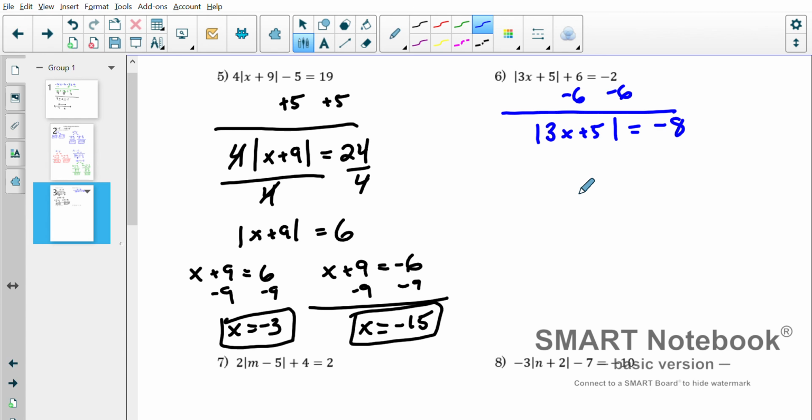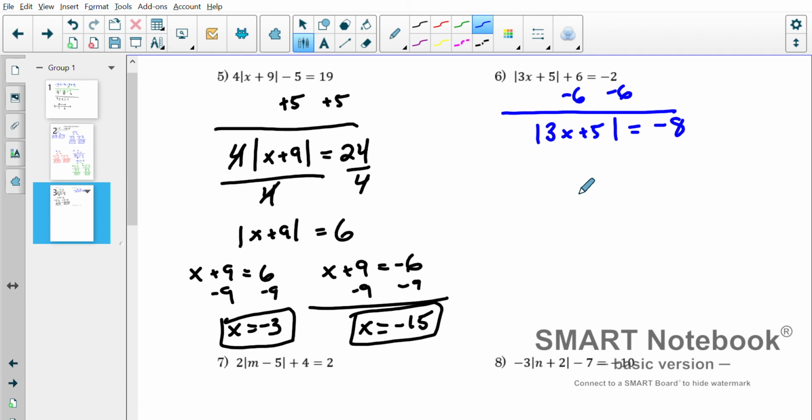Now, I hope you didn't pause the video, actually, because here is something that is going to throw a loop into absolute value equations. Absolute value, we said, measures the distance away from 0. In your life, you have never made a measurement that has a negative distance. If you measure the distance between you and the person you're sitting next to, it can't be negative. It's going to be a positive value.